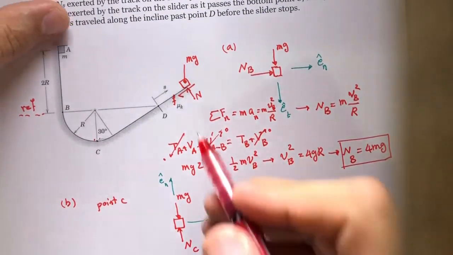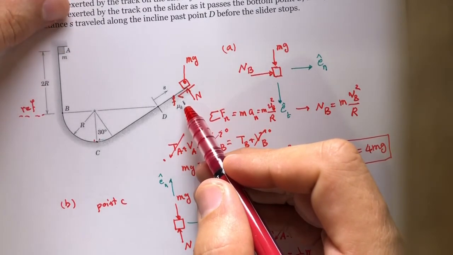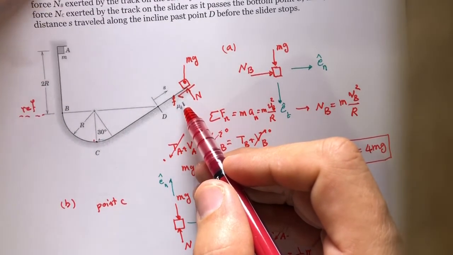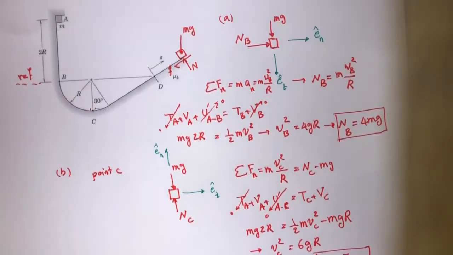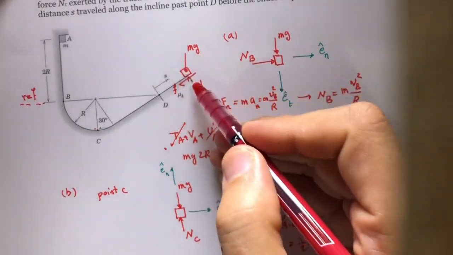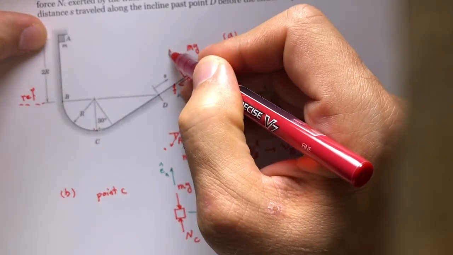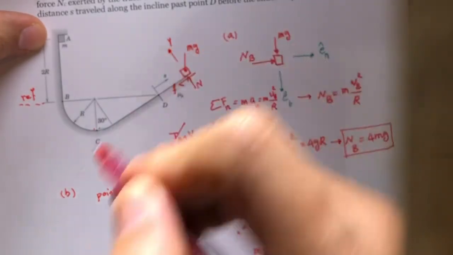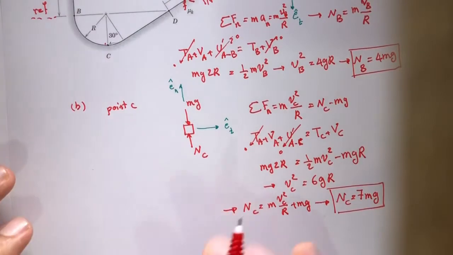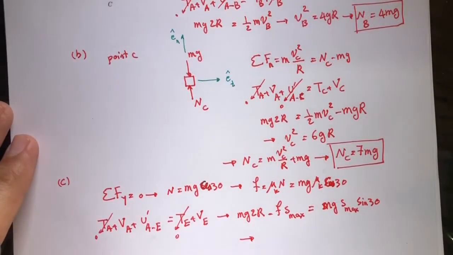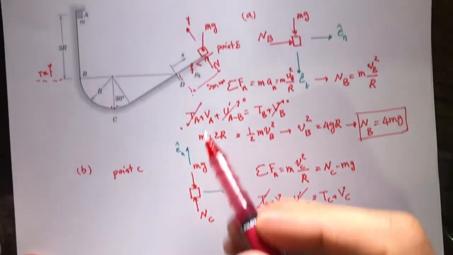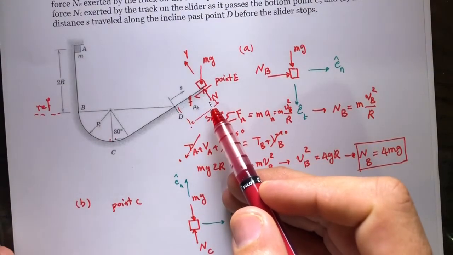And to find the friction force, which we need to calculate the work of it, I can use just the sum of the forces in that direction equal to 0. Let's call this direction y. Sum of the forces in the y direction is going to be equal to 0.